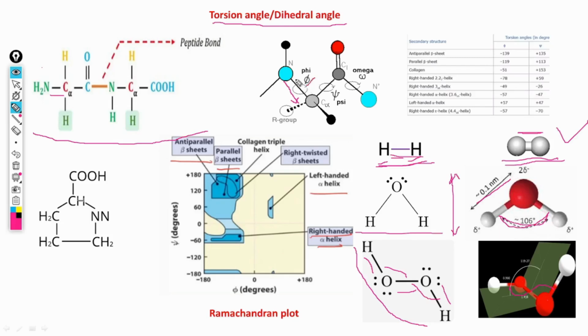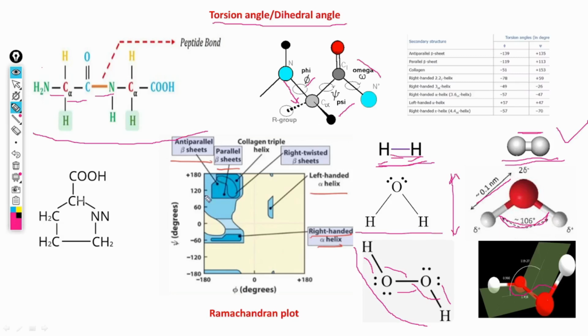This is called the phi. And the angle between C alpha and C is called the psi, designated like this. And the angle between C and the nitrogen is called the omega. From these angles we can determine which molecule can form the alpha helix, and which molecule can form the beta sheet.